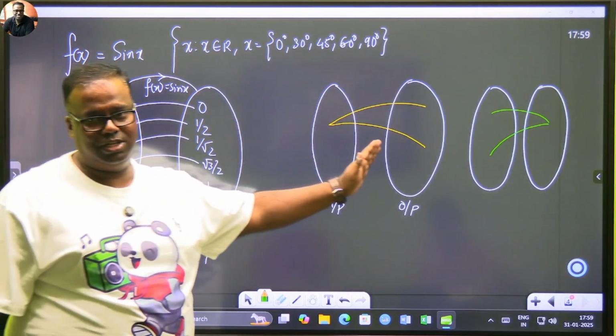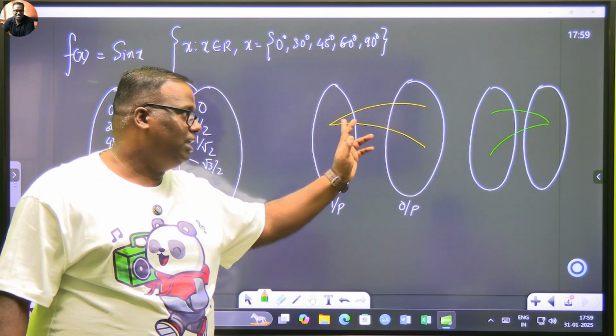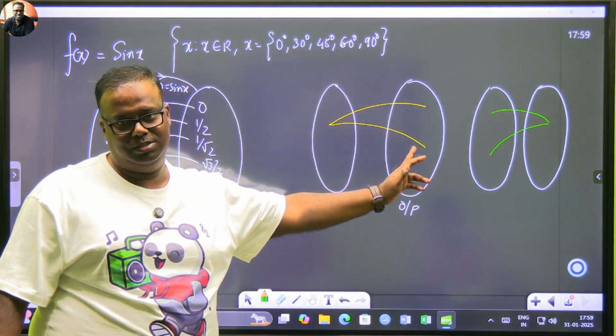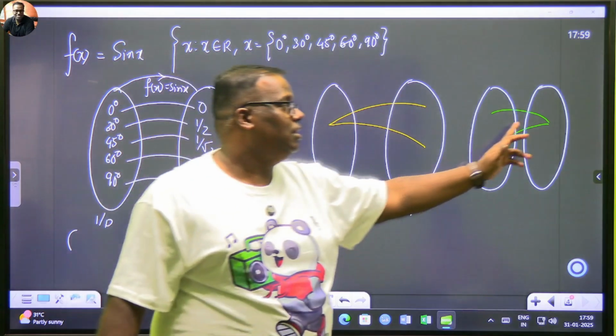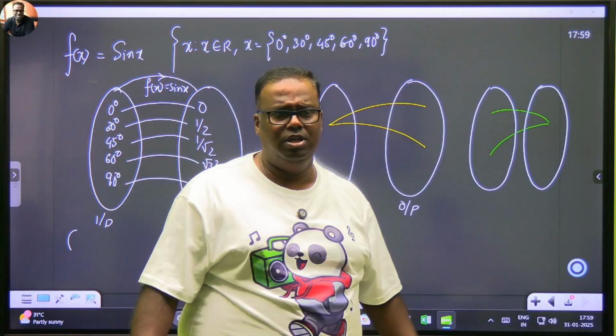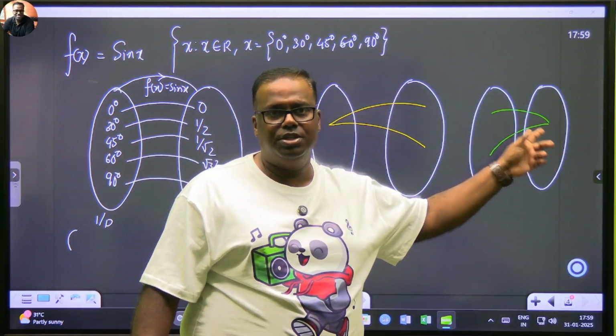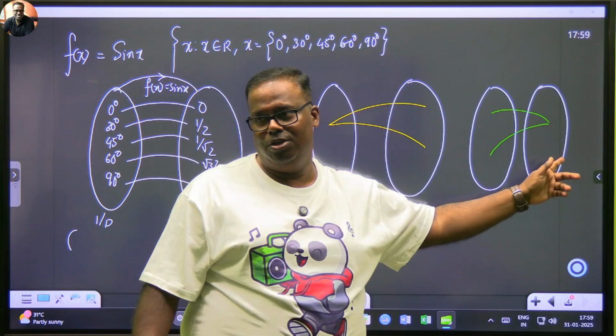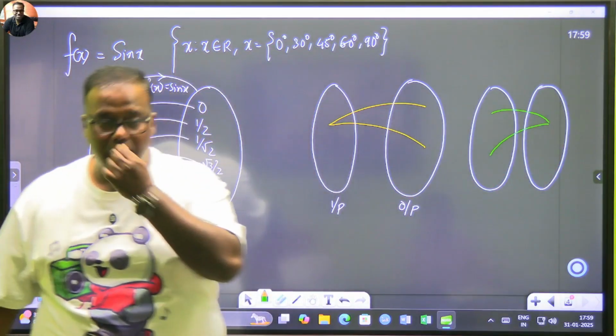This is not a function. One input cannot have two values. However, a single value can be mapped from two inputs. Very much possible. Sine 0 is 0. Sine 180 is 0.